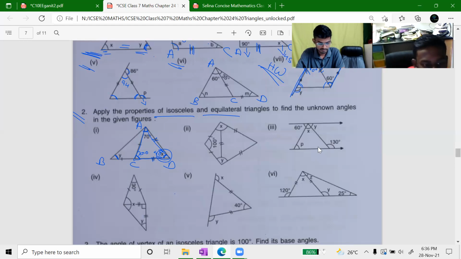180 minus 70. If you do 180 minus 70, you will get this angle.